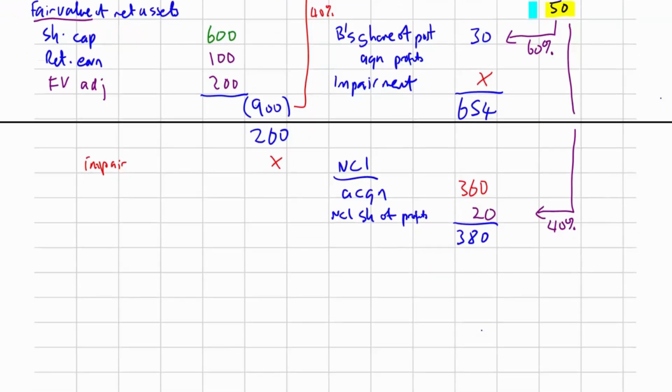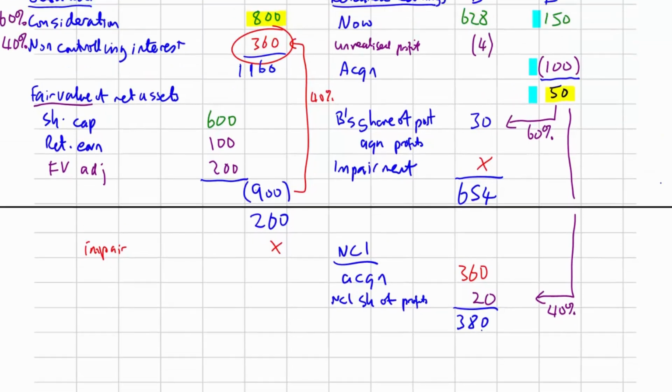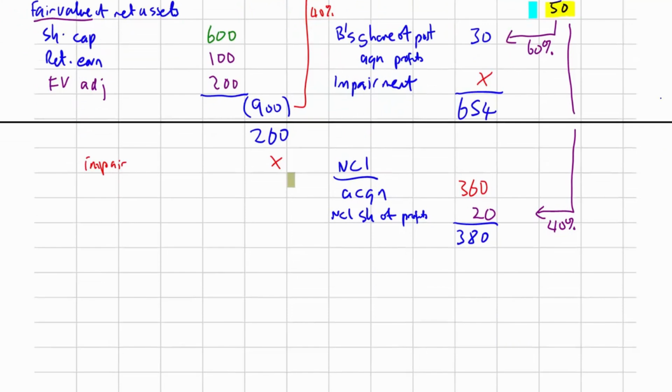Okay, so that's method one. The second method, well, how did we work out the non-controlling interest in the first place? Remember what we did? We said it was their share of the net assets. So we can just re-perform that calculation, but using the year-end numbers. So what are the net assets? Remember, net assets represented by equity. So we've got the share capital, the retained earnings, and the fair value adjustment. Share capital is 600. Retained earnings at the end of the year is 150, and the fair value adjustment is 200.